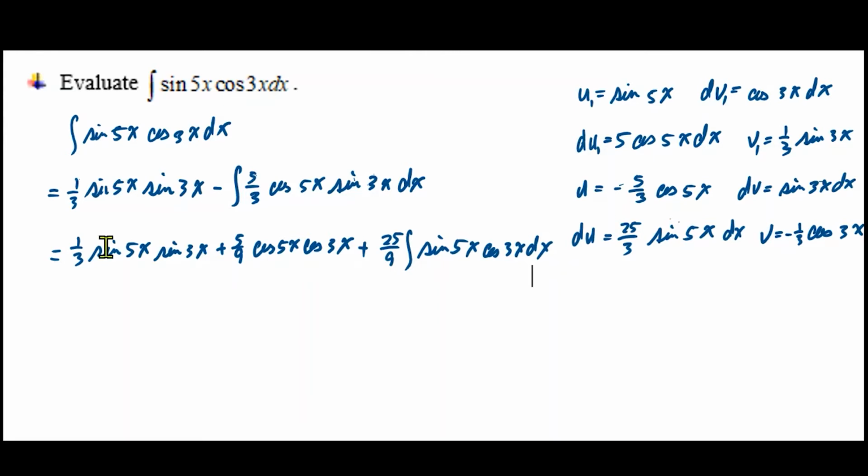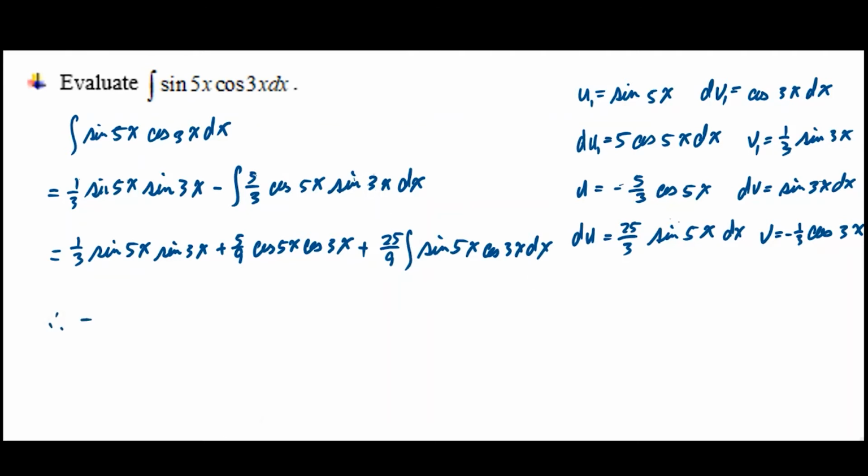This is equal to this, except I see the same thing appearing again. So I'm going to take this and move it over to the other side, subtract from that. You know what I'm saying? So 1 minus 25/9, that's negative 16/9.